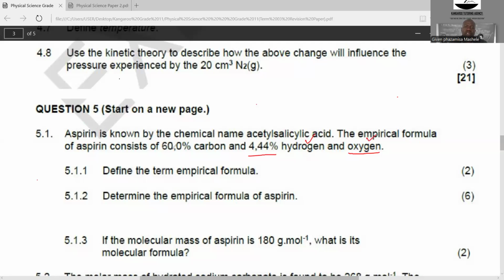So from this, you can easily see that we're given the percentage of carbon and the percentage of hydrogen, which means we can get the percentage of oxygen because this must add up to 100%.